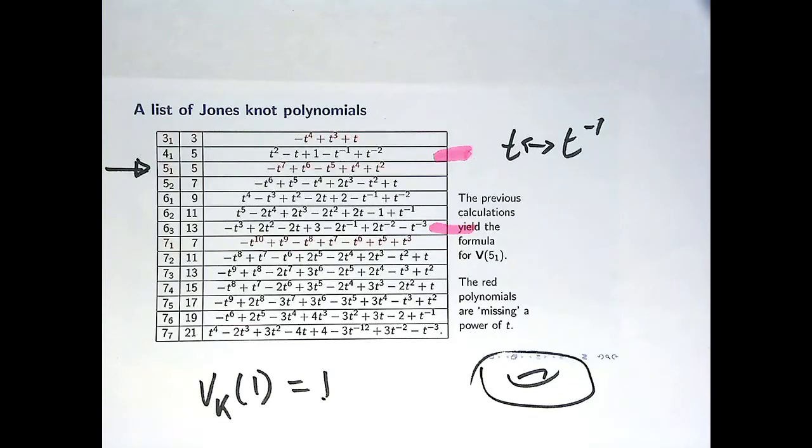So is that not a sufficient condition? No, it's not. It's a necessary condition, but as I say, there are examples where the Jones polynomial is symmetric in that sense. So in that case, the Jones polynomial is not distinguishing between a knot and its mirror image, but almost always it does.